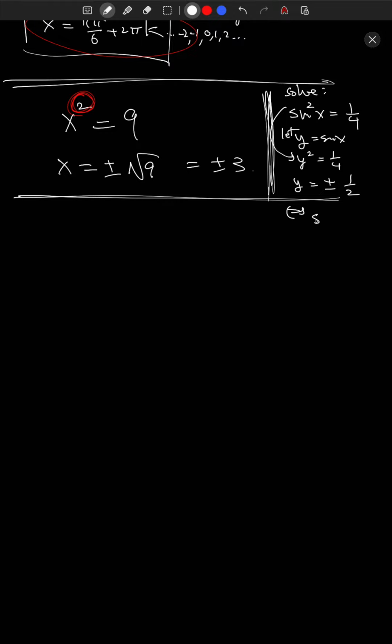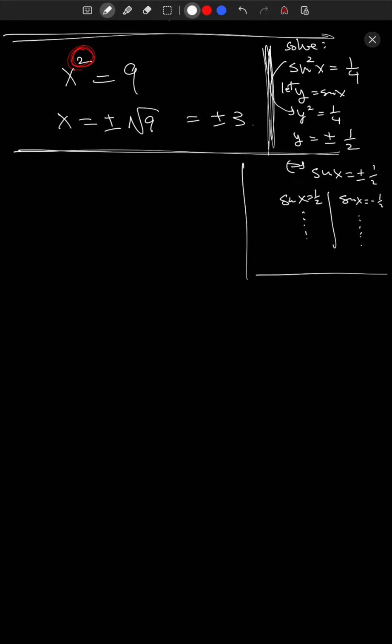So we need to solve sine x equals plus or minus 1/2, which means we split the board into sine x equals 1/2 and sine x equals negative 1/2, and you do each of those individually and put together all the solutions.